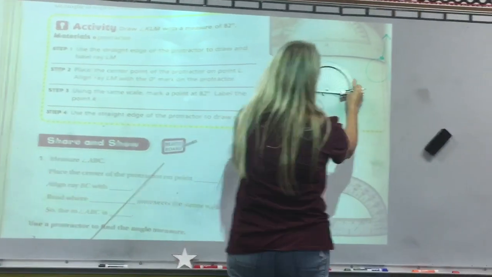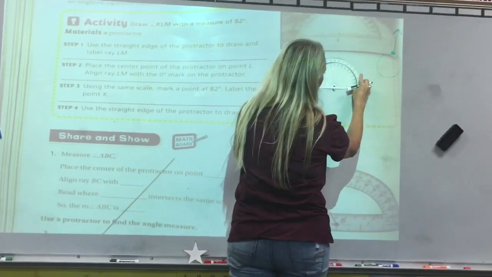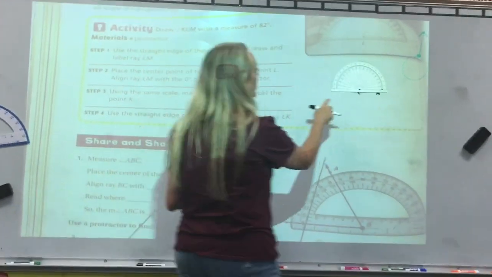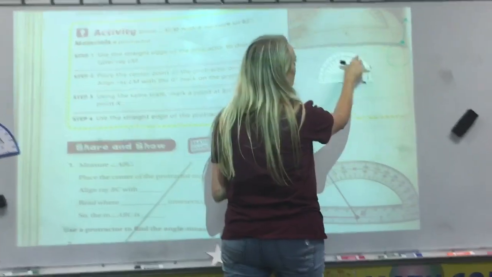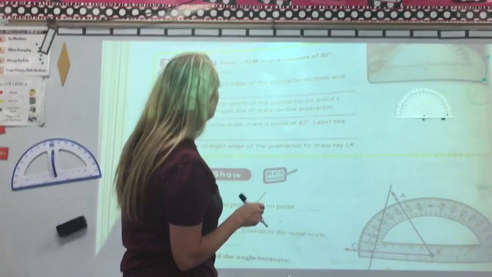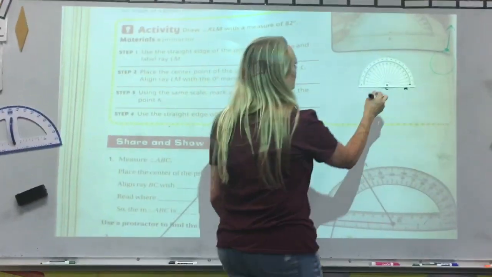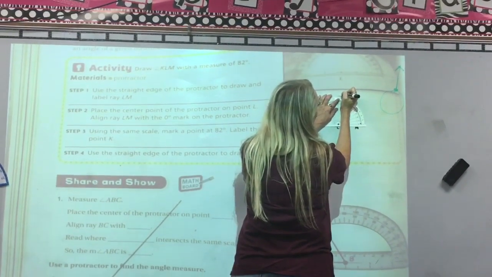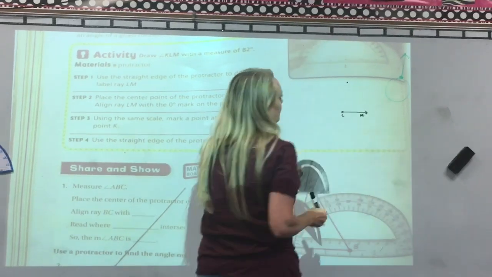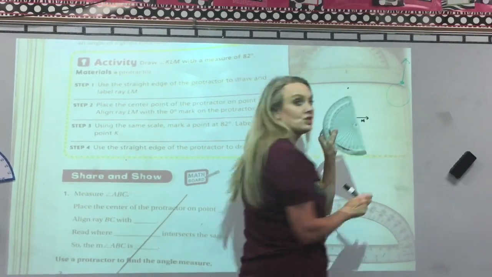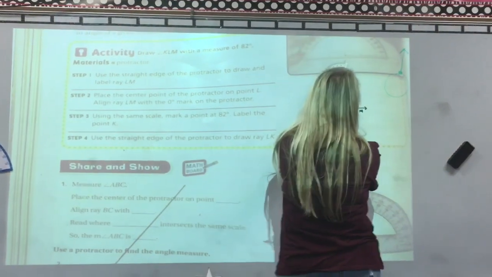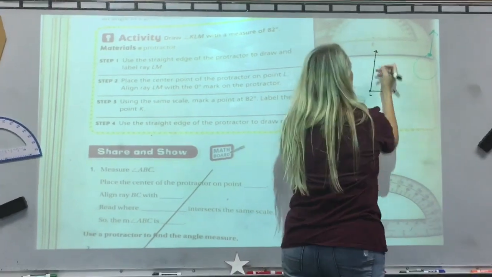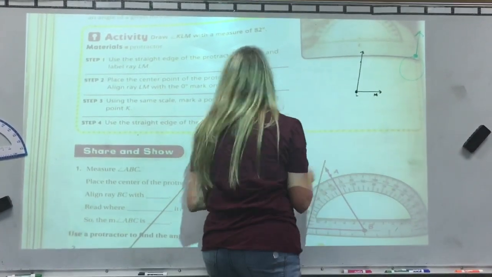Okay. So the next thing we're going to do is this line right here on the protractor is called the guideline. On this one it is pointing to the 0 on the top. So I'm going to go all the way around and put a little dot on 82 degrees. Then I'm going to turn my protractor to the straight edge part, and connect those two rays at the vertex.